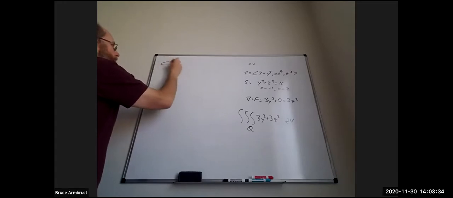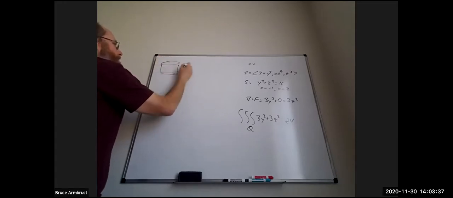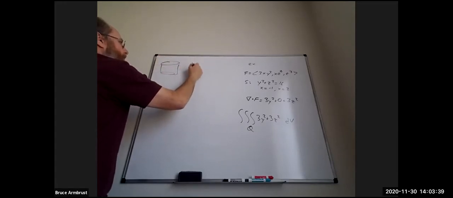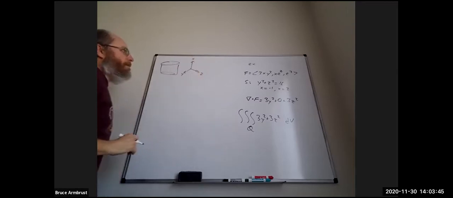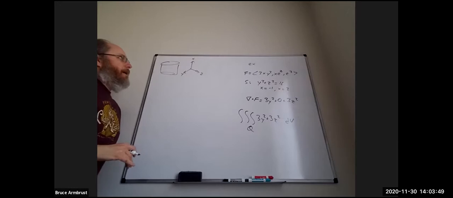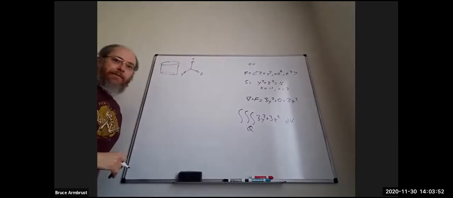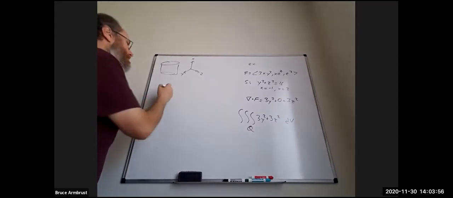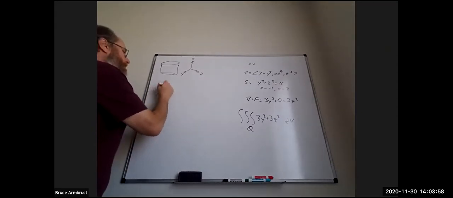Again, this was our picture. And if we think about, I guess, the way that this is drawn, this is our X. So maybe these are Y and our Z. I'm going to do my X last for my integration, because that's going to be super easy.